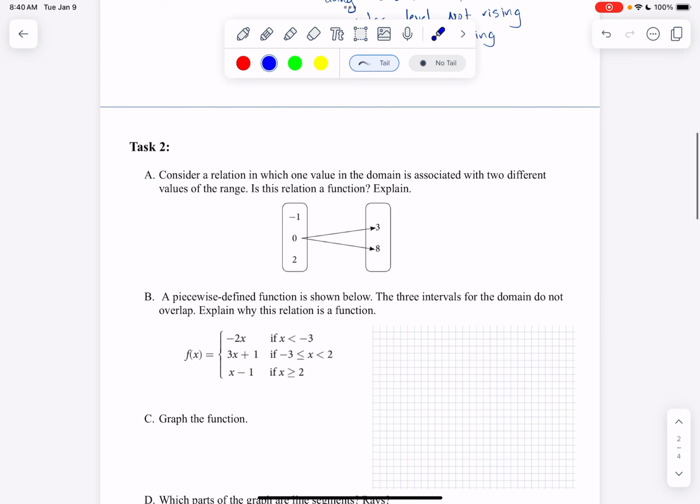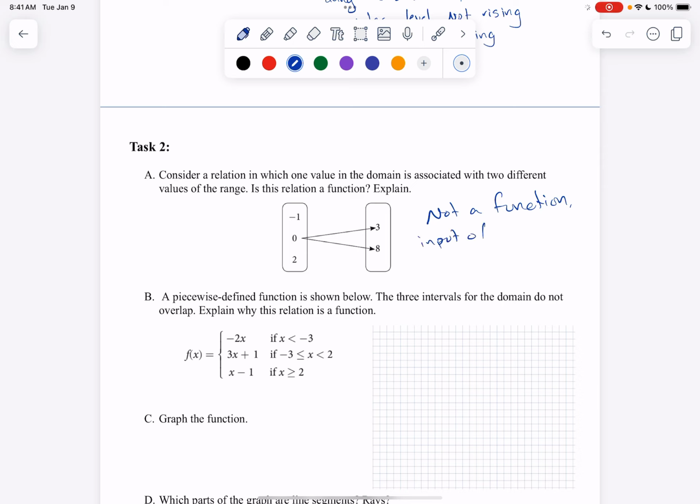If we notice here, this input of 0 has two outputs. So it's not a function.